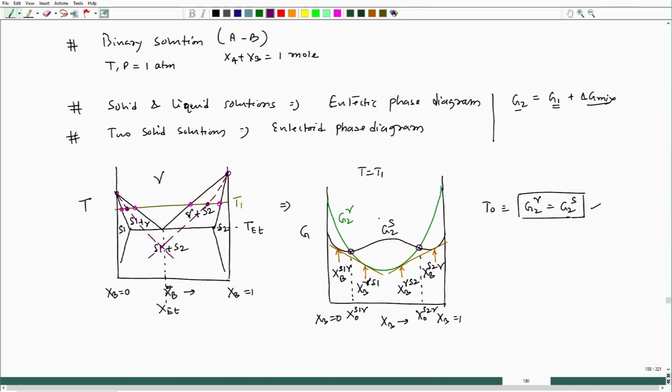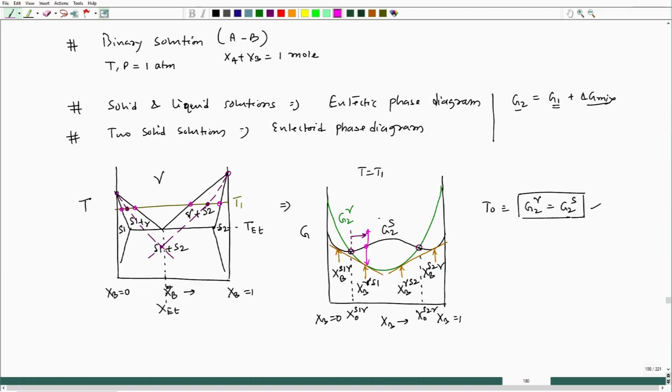Fine. Now, if I try to look at the right side of this composition, any composition we take on the right side, let us say I am taking a composition here. Of course, the free energy cannot go upward, since a free energy increase cannot be a spontaneous process, but it can go downward.